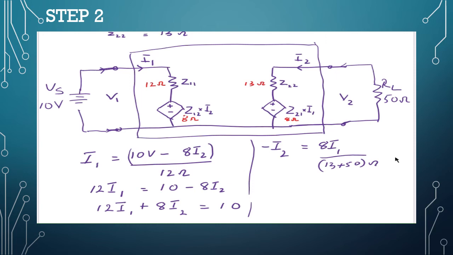And if you solve that, follow that all the way through, you're going to get that. All right, let's go through it then. So we get that negative 63 I2 is equal to 8 I1.